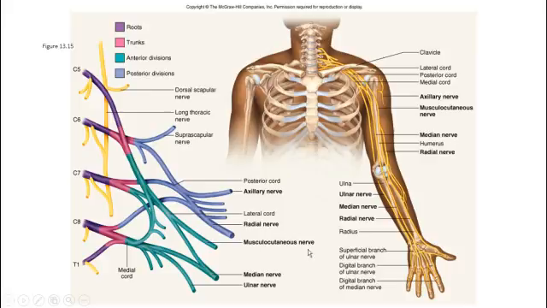Most nerves with names are really made up originally of axons from a variety of spinal levels. That's going to be important as we think about pathologies later on. At this stage of the game, I just want you to know how it happens.